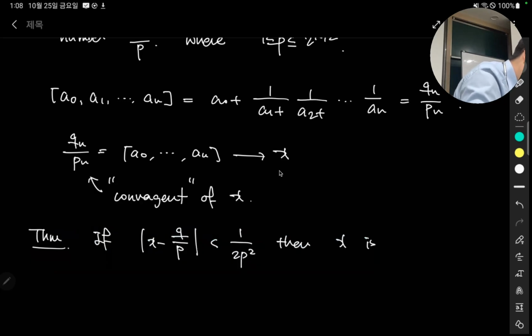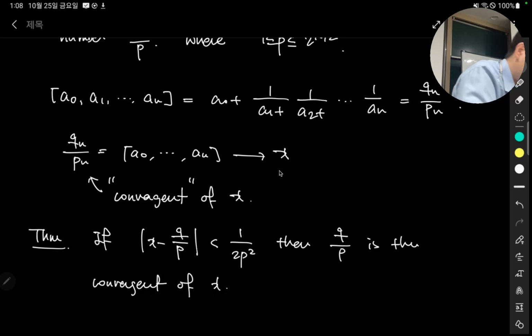So then, if that is happening, then this q over p is a convergent of x.